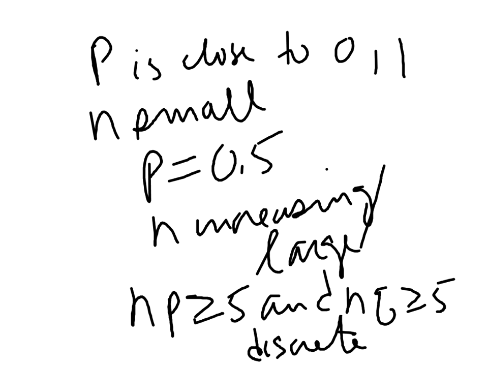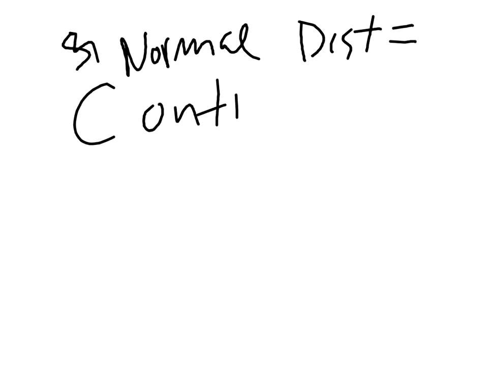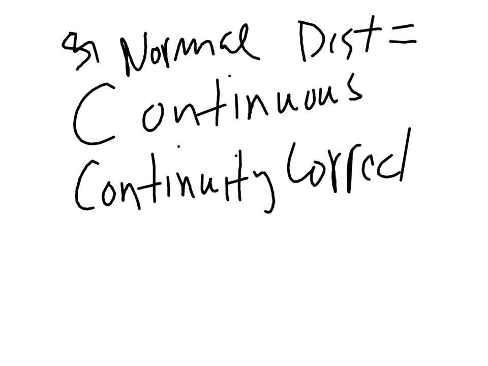And recall that the normal distribution is a continuous distribution. So that's why we need to make a continuity correction, and it goes all the way back to chapter 2.